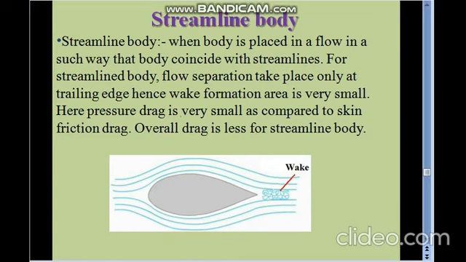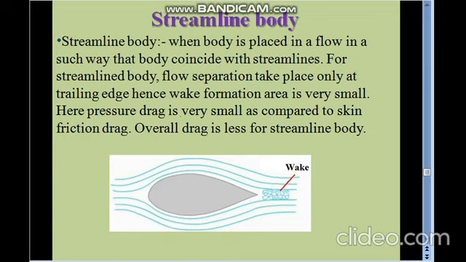In case of a streamline body, flow separation is delayed and, in case of the wing, it is moved towards the trailing side, and there will be a very small area of wake or recirculation.